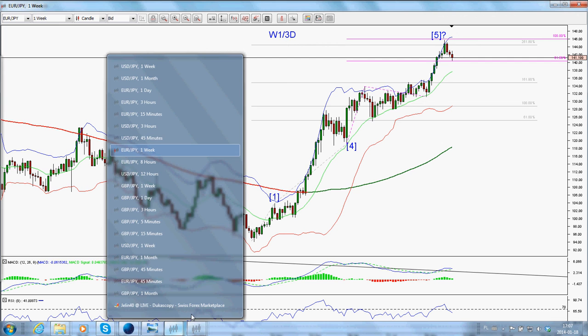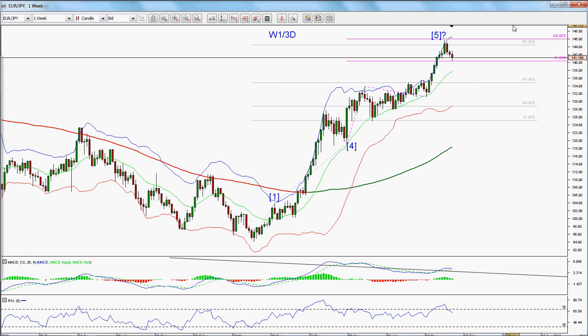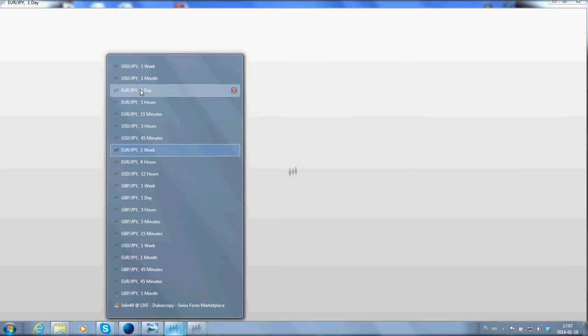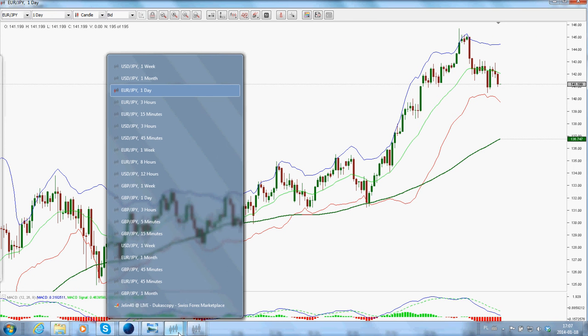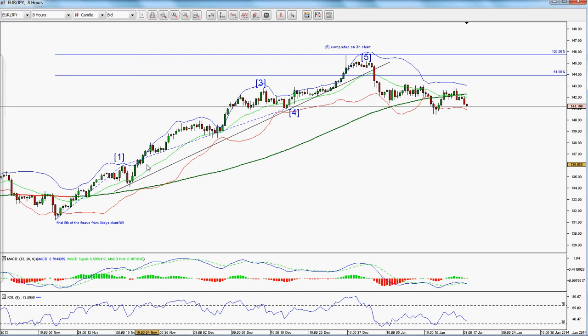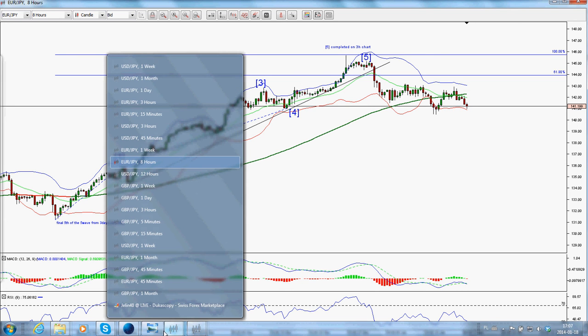The market hasn't reached it; there were a few pips left to reach the FIBO 100 from this movement, but I treat it as completed. I have it on the 8 hours chart, so this is the count on the 8 hours. This is completed on 3 hours, and let's go to the 3 hours chart.